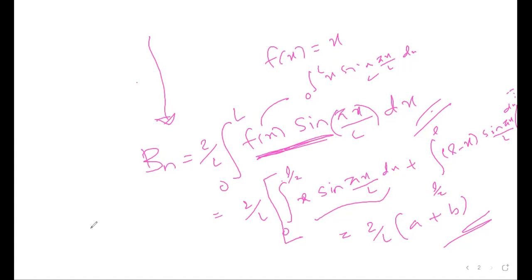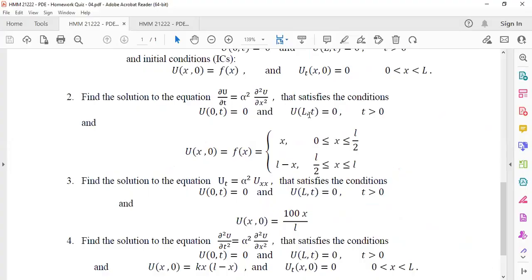So if they give you here, I guess, let me give it. See here, they didn't give you L. Sometimes they may also give you L equal to 1 or something. That you also have to incorporate. For example, if they say u(0,t) is equal to 0 and u(1,t) is equal to 0, then you have to know L is equal to 1.